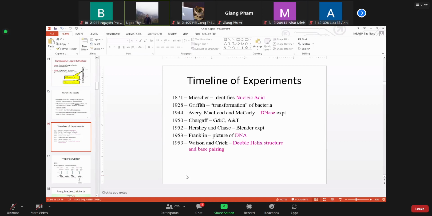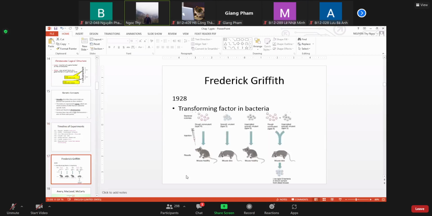So, for example, in 1928, Frederick Griffith, a scientist, first performed an experiment on the mouse. He used two strains of bacteria. One is called the rough bacterial type R, which stands for rough because the shape of the outside colony is quite rough and not smooth like this.